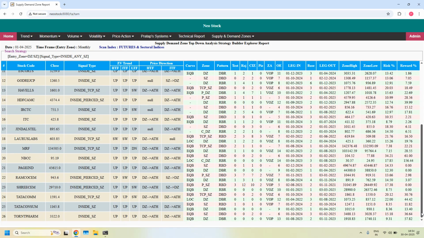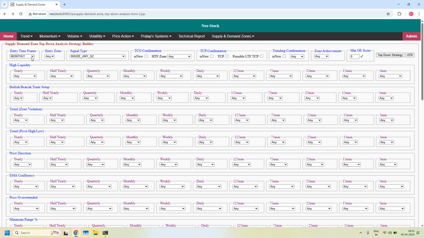We can further filter this list based on monthly supply zones having monthly EMA confluence. So I am going back to the EMA Confluence at monthly time frame, and I am setting the filter: monthly supply zone having monthly EMA Confluence, and also the trend on the monthly time frame should not be sideways, it should be up or down.